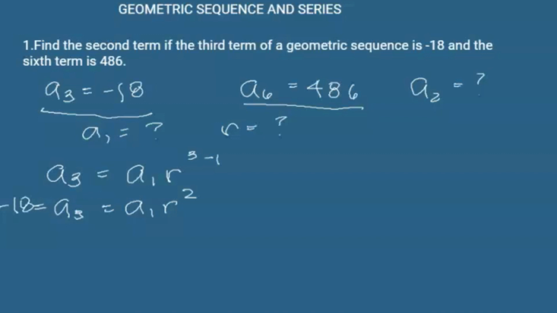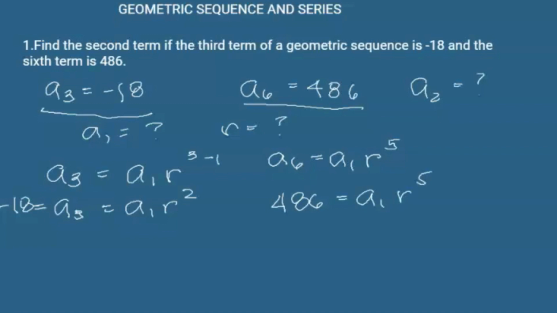Let's do the same thing with the sixth term. That's a sub 6 equal to a sub 1 times the common ratio raised to 6 minus 1, so to the fifth. And a sub 6 is 486, equal to a sub 1 r to the fifth.